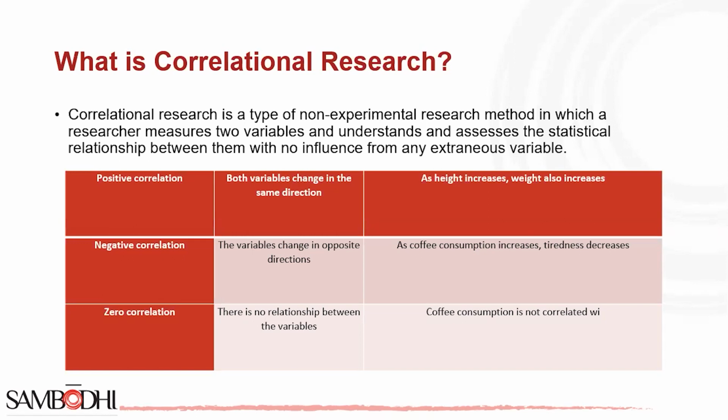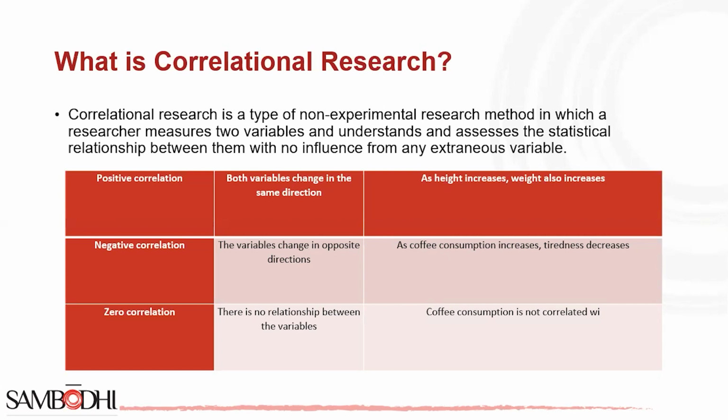When the correlation coefficient is close to +1, there is a positive correlation between the two variables. If the value is close to -1, there is a negative correlation between the two variables. When the value is close to 0, there is no relationship between the two variables.